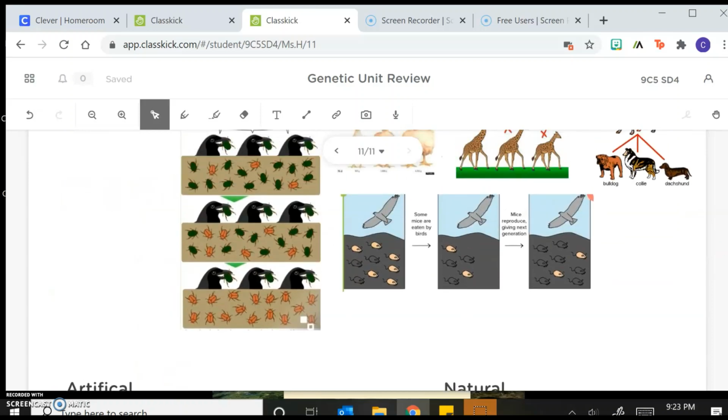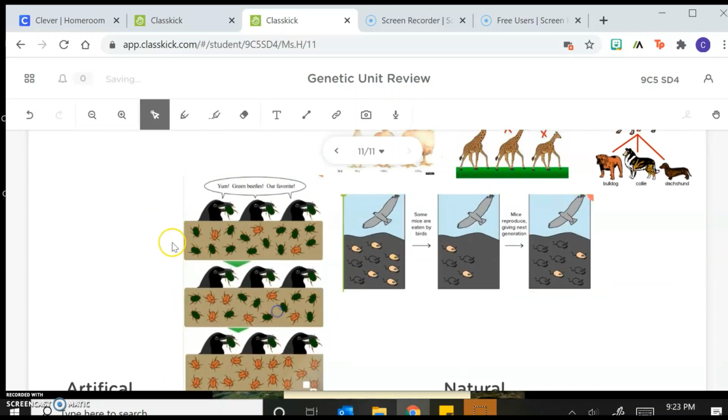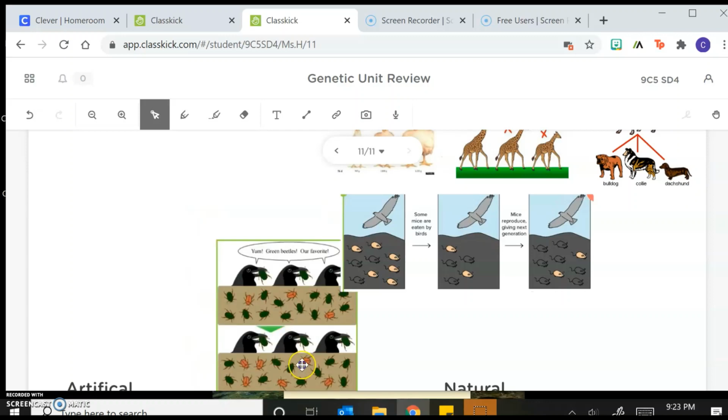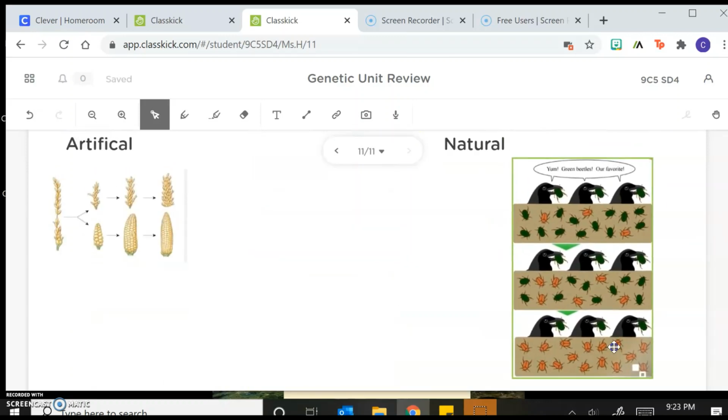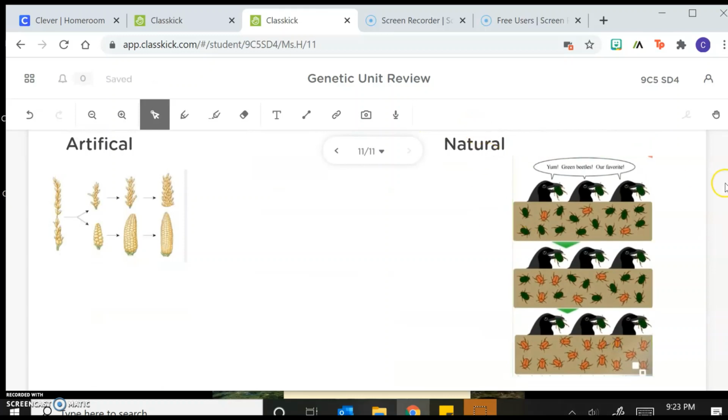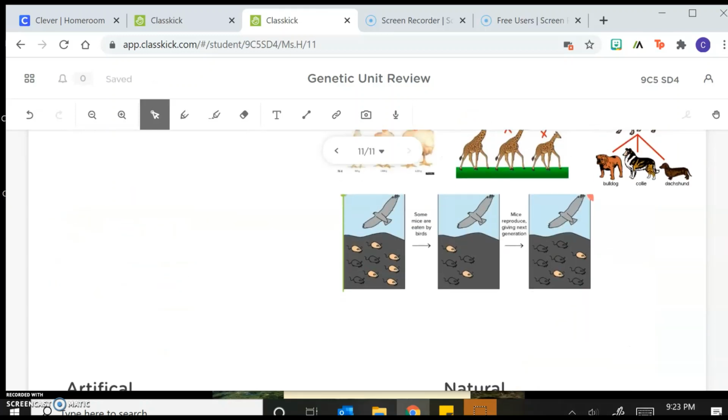Different than that, we look at this brown backing, it's much easier to find these green beetles against this brown backing, and these finches or birds prefer the green beetles. So as they eat the green beetles, we watch this population change. So this bird decided to eat that branch, so nature is deciding who is winning, so that's natural selection.